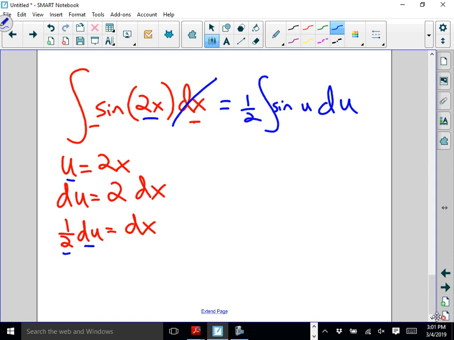And in a sense, I just turned this from a sine of 2 times a variable to sine of 1 times a variable. I just don't want to forget about this 1/2 that's out front. Well, what's the antiderivative of sine u? Well, that would be negative cosine u plus c.